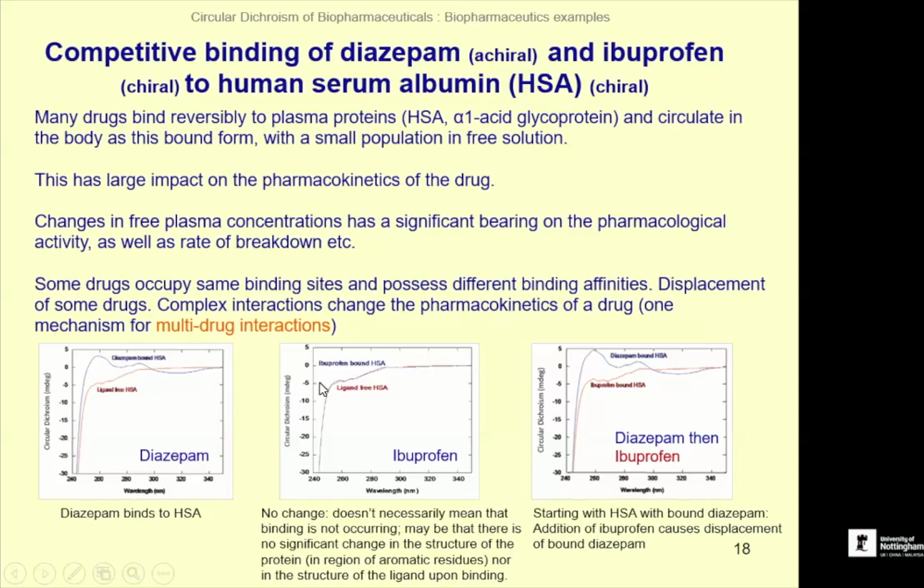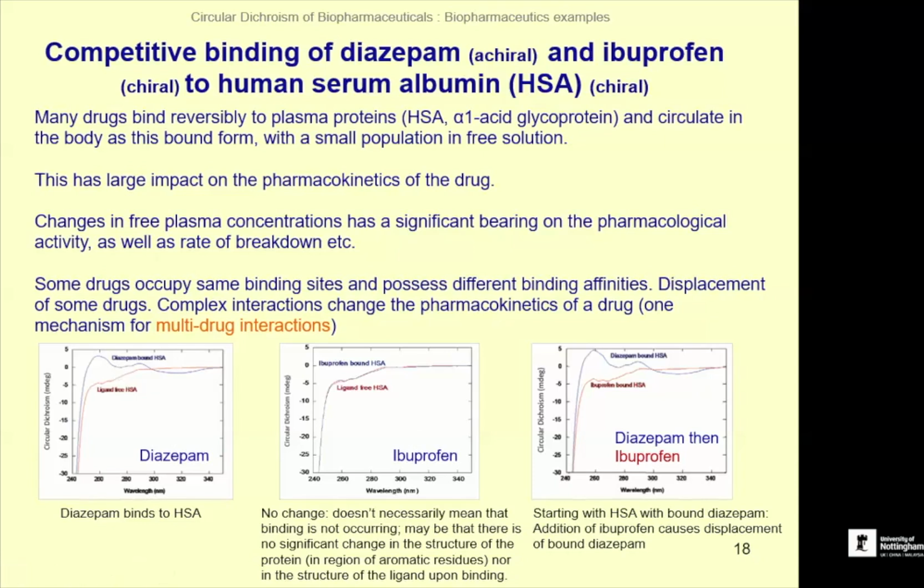You have to be aware that in the near UV region, what you're looking at is the aromatics. So if the ibuprofen binds at a place that doesn't affect the aromatics, then you're not going to see a change, because the aromatics are unchanged even though ibuprofen is bound. So they do see that, which perhaps implies that these two molecules are binding at different places. Well, no, it doesn't, because this does change the HSA spectrum.